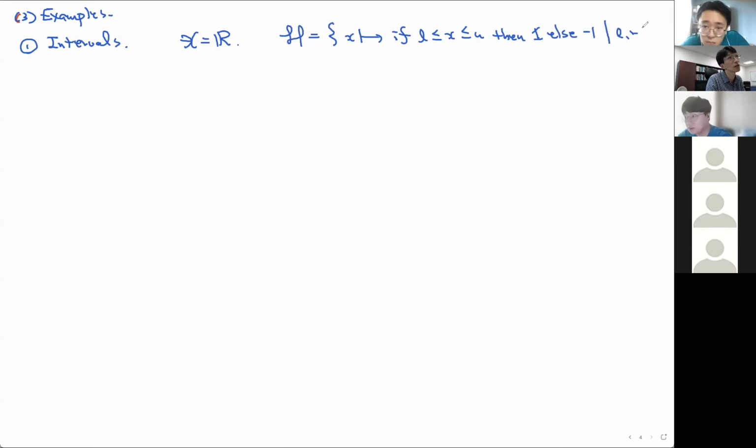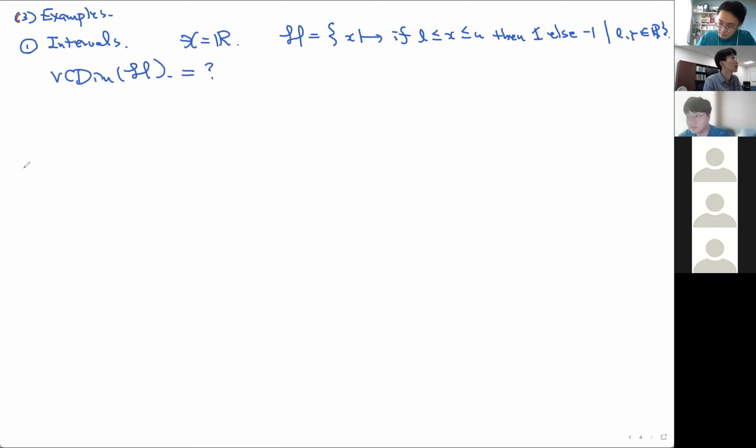L and R are just real numbers. So the question is, what's going to be the VC dimension? Try to solve this.